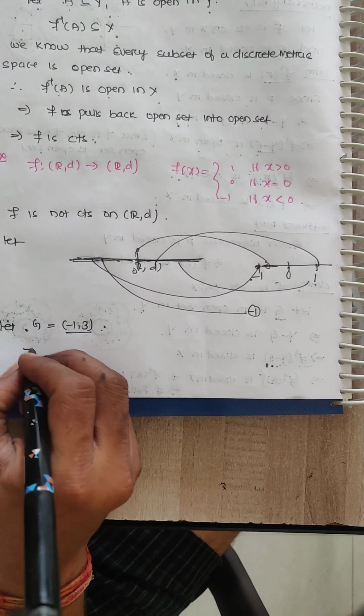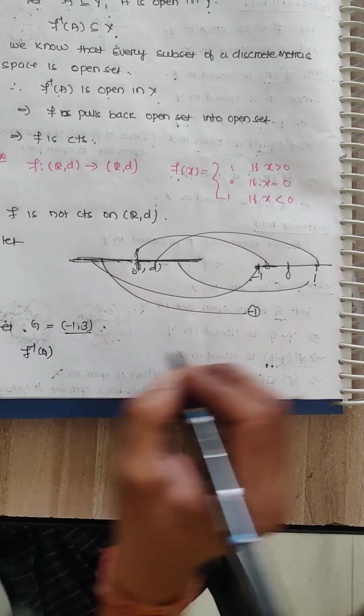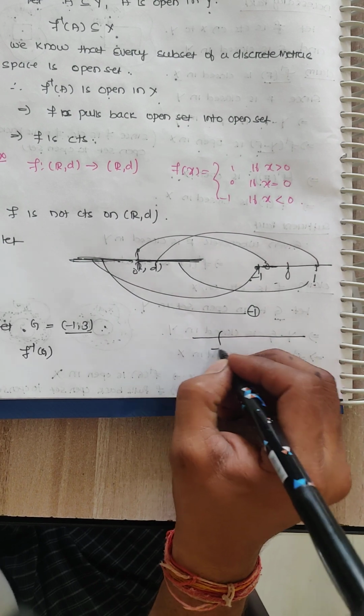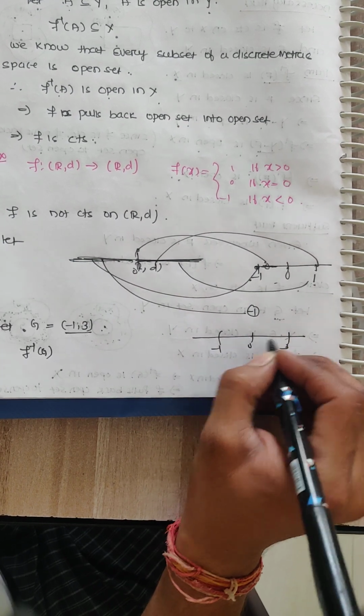Okay, what was f inverse G? We have taken -1 comma 3 which contains 0 and 1 also.